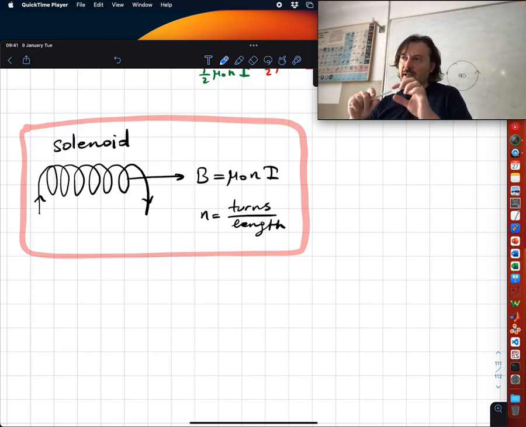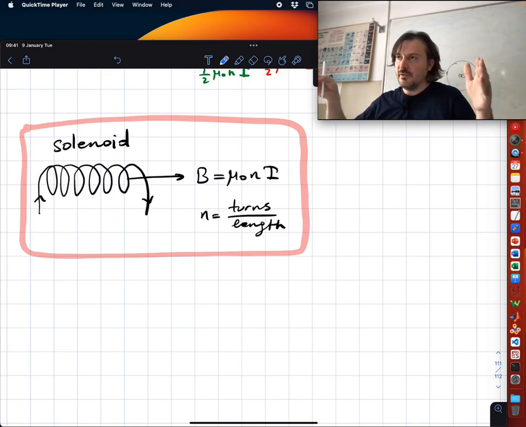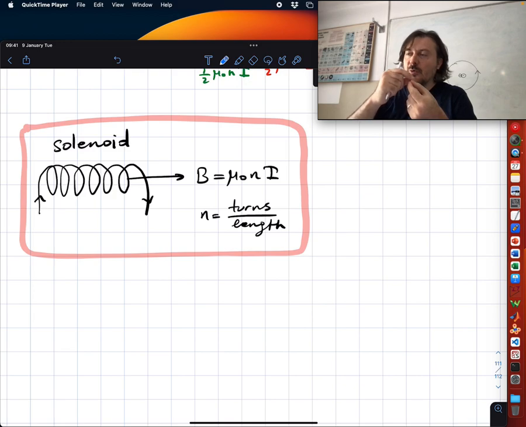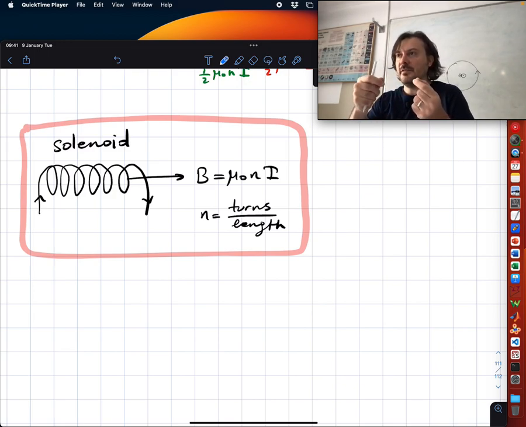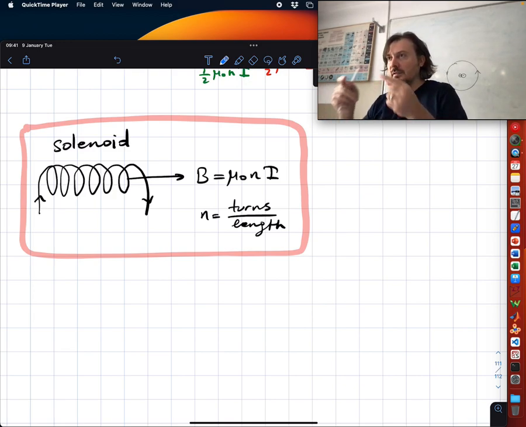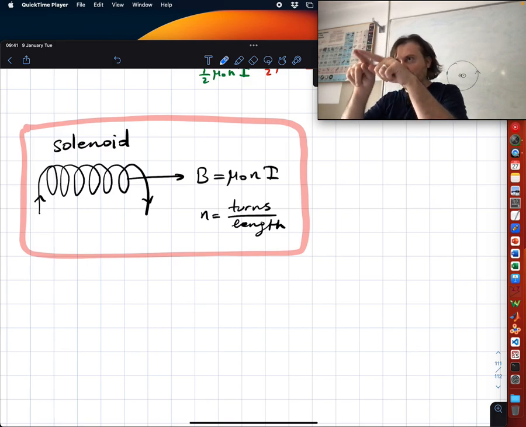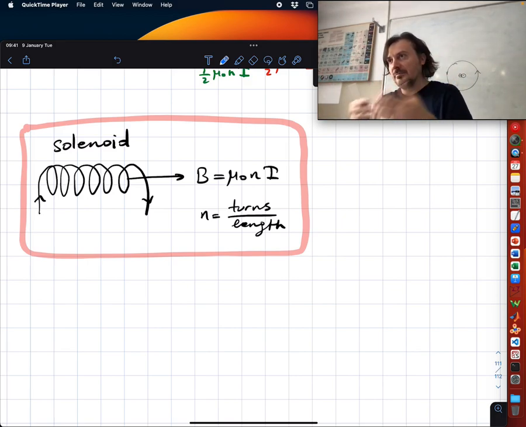Ideally, it has to be a longer solenoid, and the wire has to be as thin as possible so that the geometry of the wire doesn't get into this kind of stuff. But don't worry about this stuff. You usually just calibrate everything anyways.